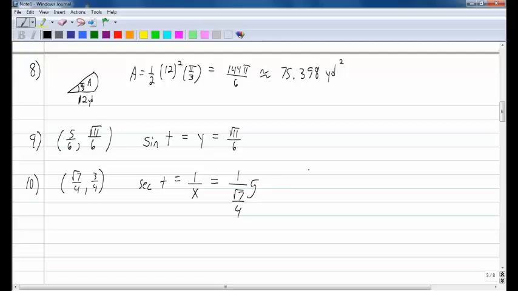So flip and multiply, and that will be 4 over the square root of 7. We don't want to leave our answer like this, so multiply the top and bottom by the square root of 7 to rationalize the denominator, and we get 4 times the square root of 7 over 7. That's your final answer.